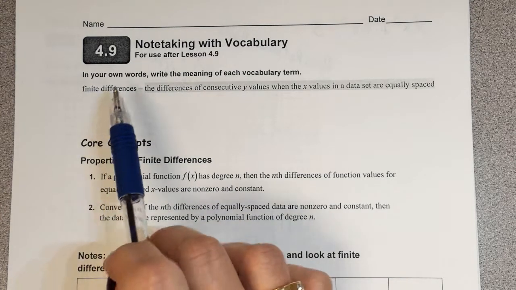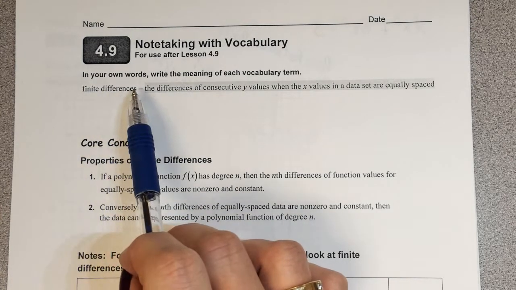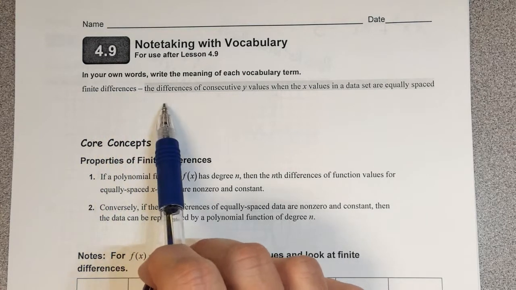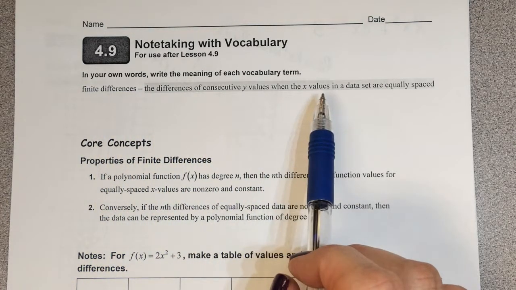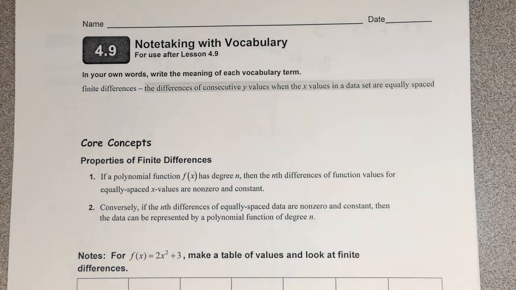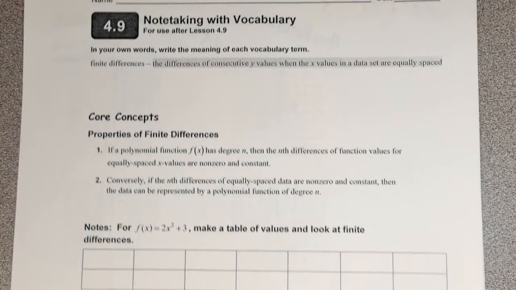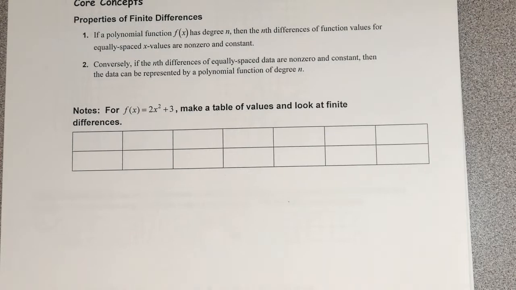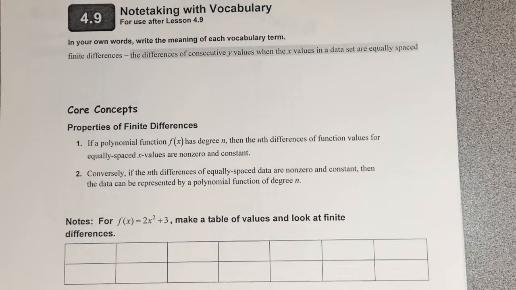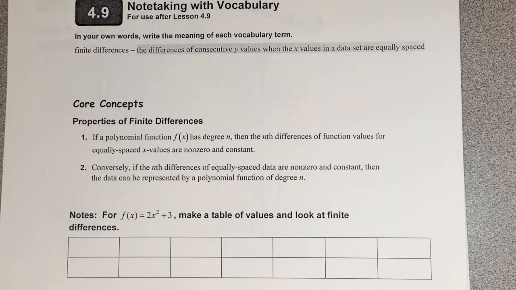So the first thing is just this vocabulary term, finite differences. It says the differences of consecutive values when the x values in a data set are equally spaced. Okay, and we got that? So the properties of finite differences.